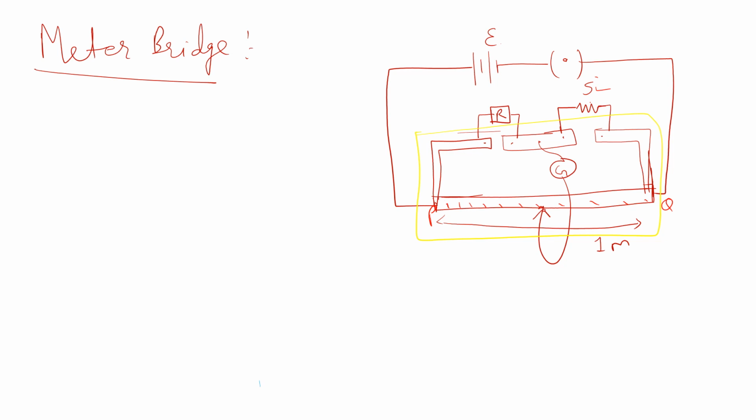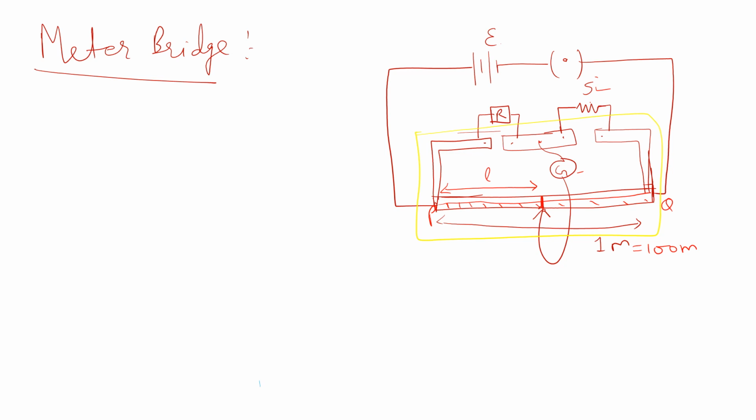Let us say we obtain the null point here, and the length over which we obtain the null point is small l, and total length is 100 centimeters. There will also be a connecting point from which I connect a galvanometer, and with the galvanometer I connect a jockey, and over this wire of 1 meter in length, I will move this jockey in such a way that the galvanometer shows zero deflection.